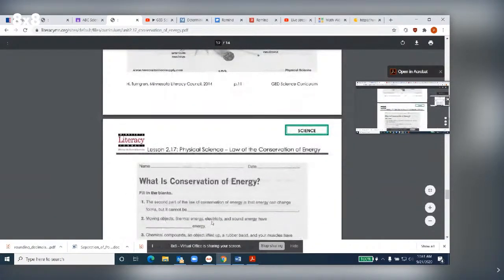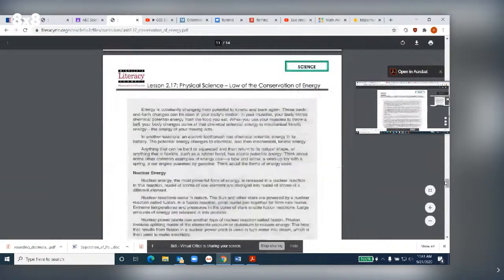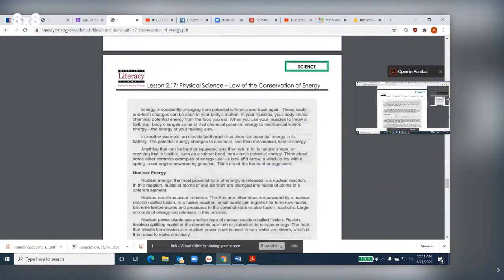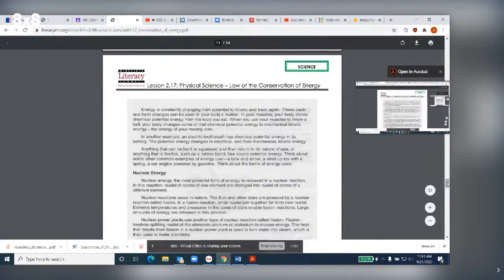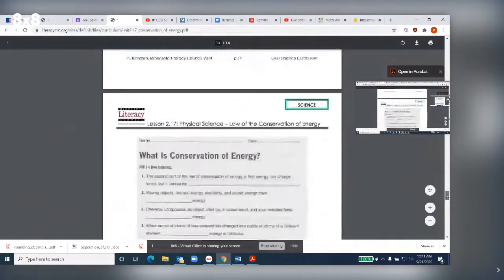Moving objects, thermal energy, electricity, and sound energy have what type of energy? So we go up here. That would be potential energy, because the energy is always there. Chemical compounds, an object lifted up, a rubber band, muscles have, that would be kinetic energy.